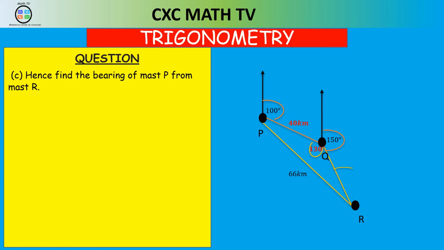Cool. Now the next part of the question said, hence, find the bearing of mass P from mass R. So let's put on our north line at point R. Alright, and we need to find that bearing right there. We see it spin around. We need to find all that angle.